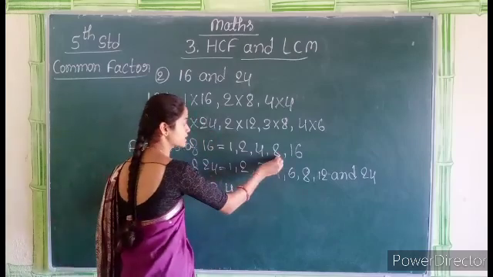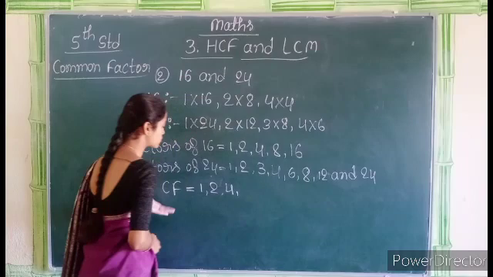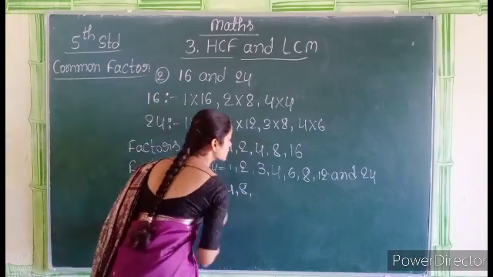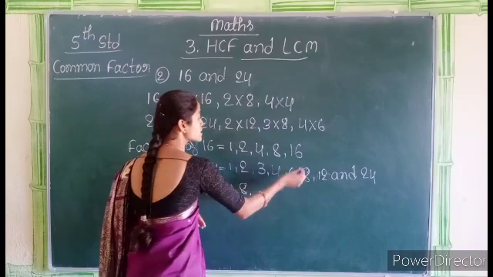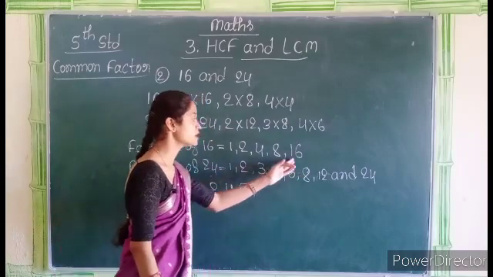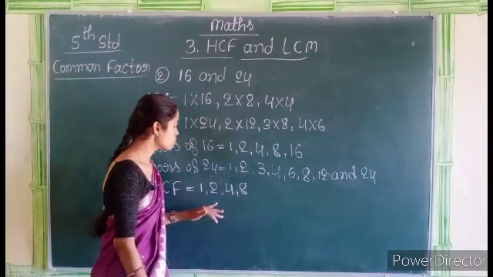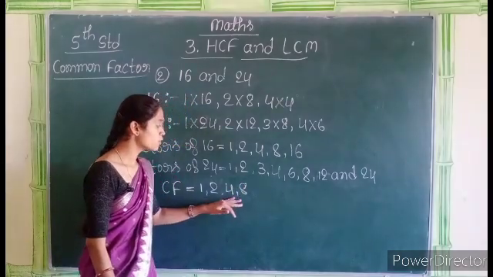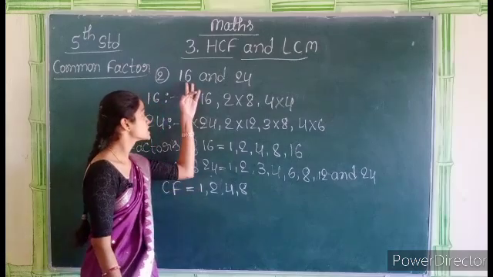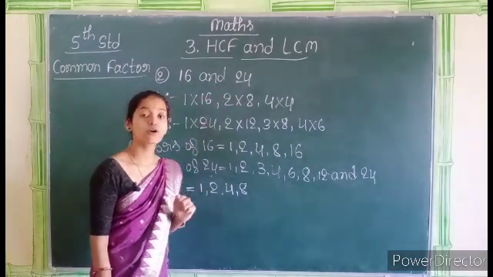Then 8. 8 is also a factor of 24. We can consider 8. Then 16. 16 is not a factor of 24, so we cannot consider 16. Okay, so 1, 2, 4 and 8 are the common factors of both 16 and 24.